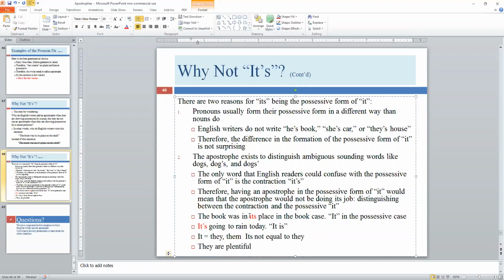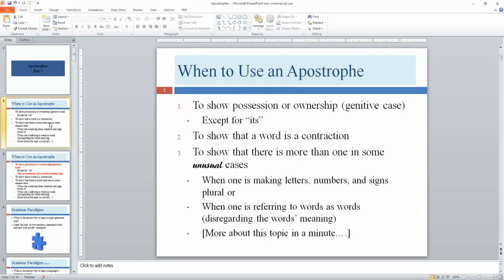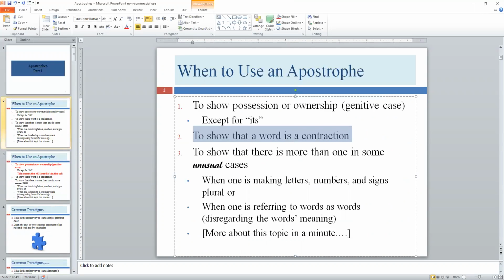Okay, so because we want to distinguish these two words to resolve the potential ambiguity, we're only going to put an apostrophe in one of them. But you may recall when we started this presentation that there are three reasons that we use apostrophes. One is to show possession, the other is to show a contraction. I can't think of any time that we don't use an apostrophe to show a contraction.